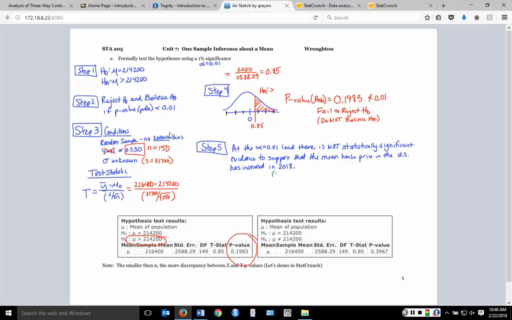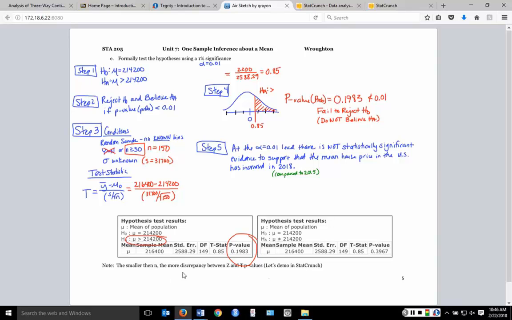And for myself, I like to have compared to 2015. Those are 5 steps for our hypothesis test for a mean, now using the t distribution.